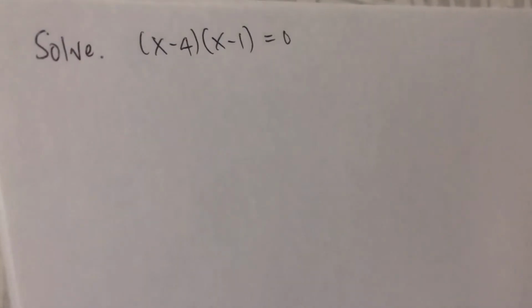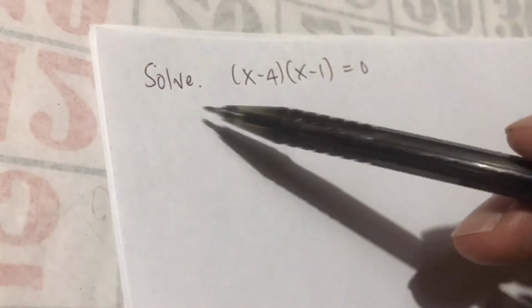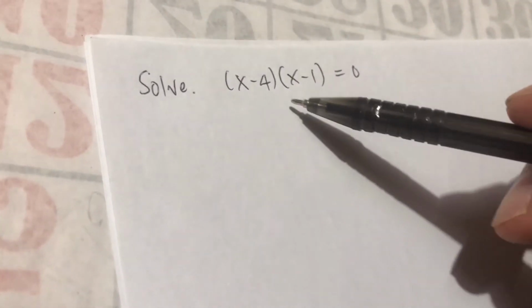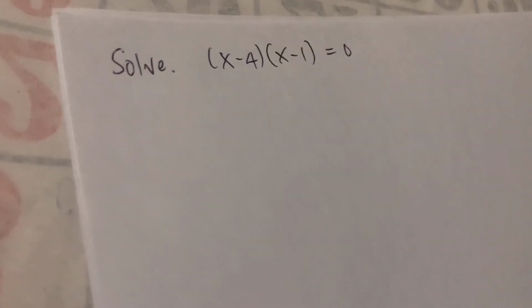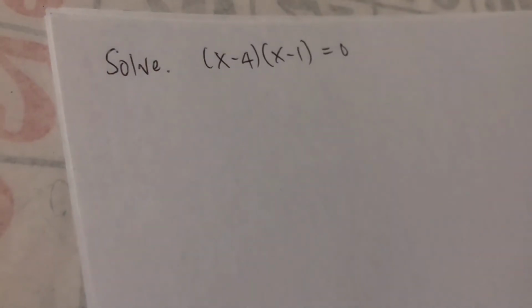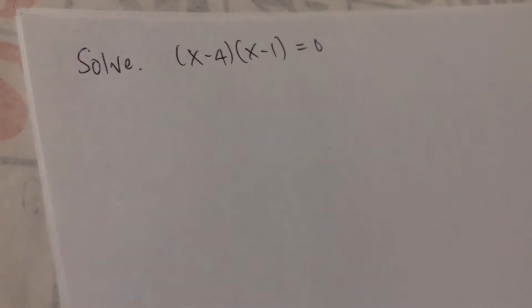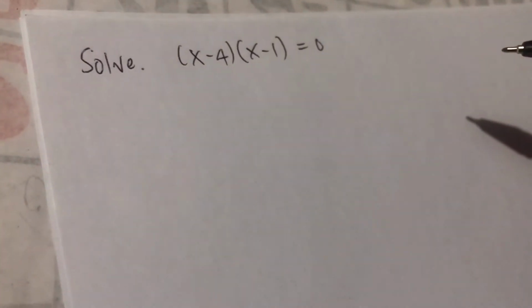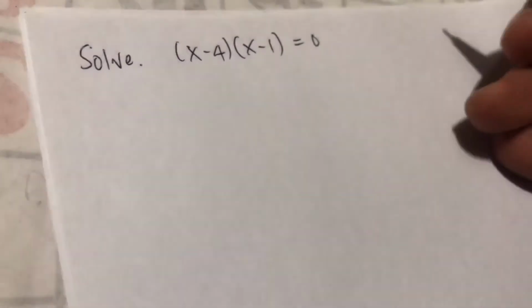Ayan, another example. Suppose we are required to solve for the quantity of x minus 4 times the quantity of x minus 1 equals 0. Wherein kailangan nating malaman ang kanilang roots. So, na-factor na yan. So, the next thing that we're going to do is we need to set each factor to 0.